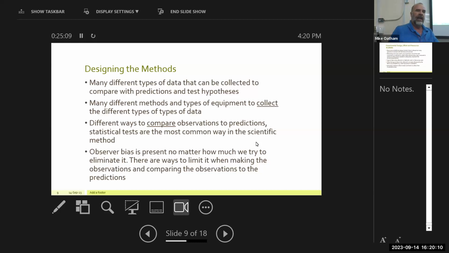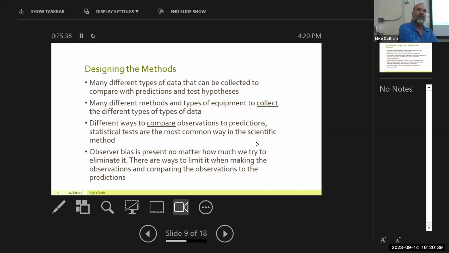This really ties into the lab next week, because I'll be asking you to say what sort of things you can measure from 5 different pieces of equipment. The idea is, you can measure this with this piece of equipment. What predictions can you test? Or what observations can you collect to compare to predictions?